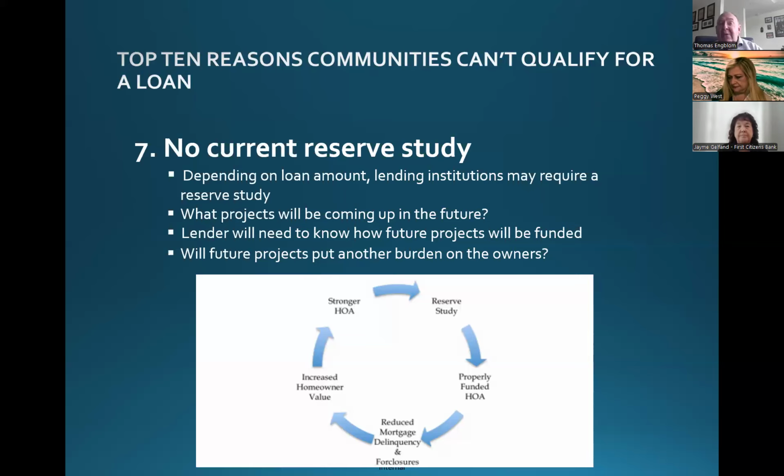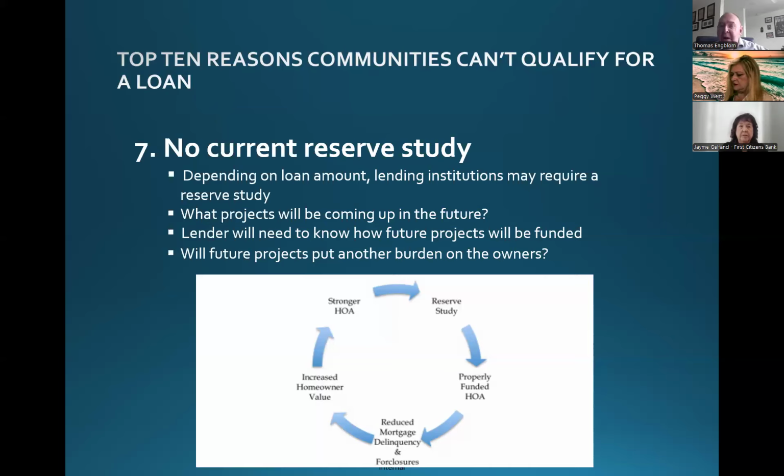Now, if that one doesn't work for you, because it only goes up to 3 million, or based on what Jayme stated, that you need to know what type of work you're doing, then we go with option 2, and that's a standard loan. In a standard loan, they're going to look at full underwriting. One of the components they're going to look at is the reserve study.